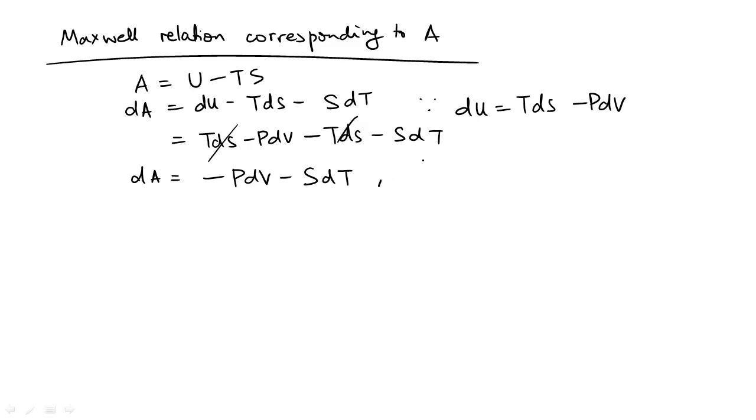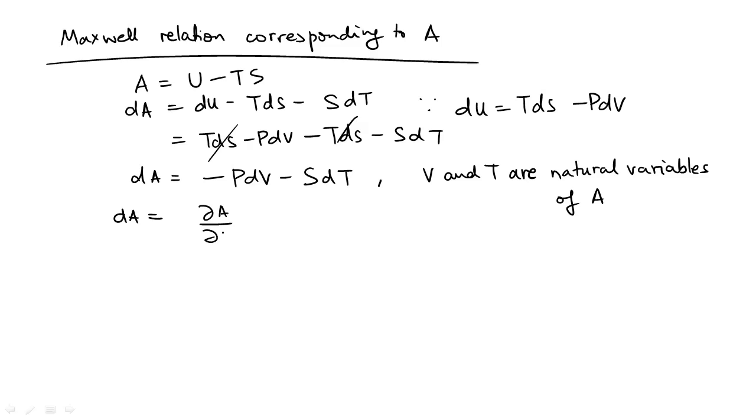So the natural variables of A are V and T. Writing the formal total derivative of A, dA is equal to (∂A/∂V) at constant T dV plus minus (∂A/∂T) at constant V dT.